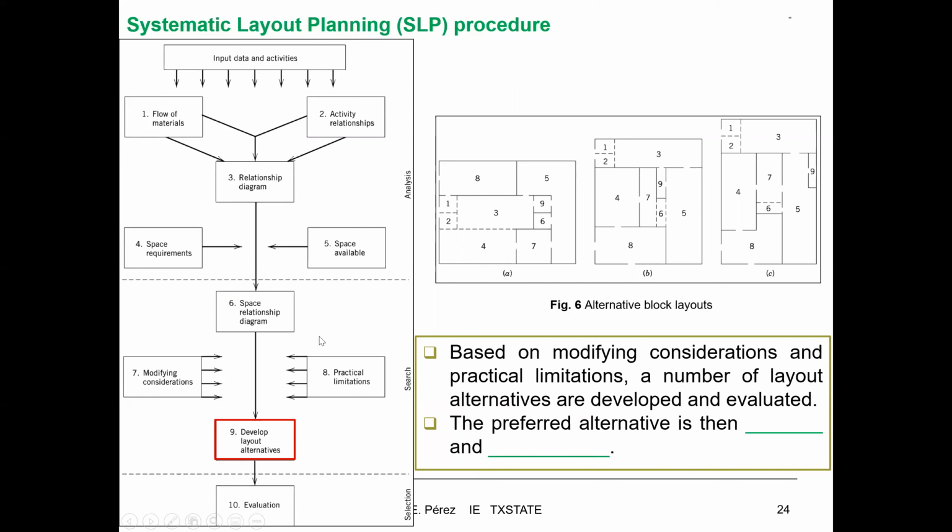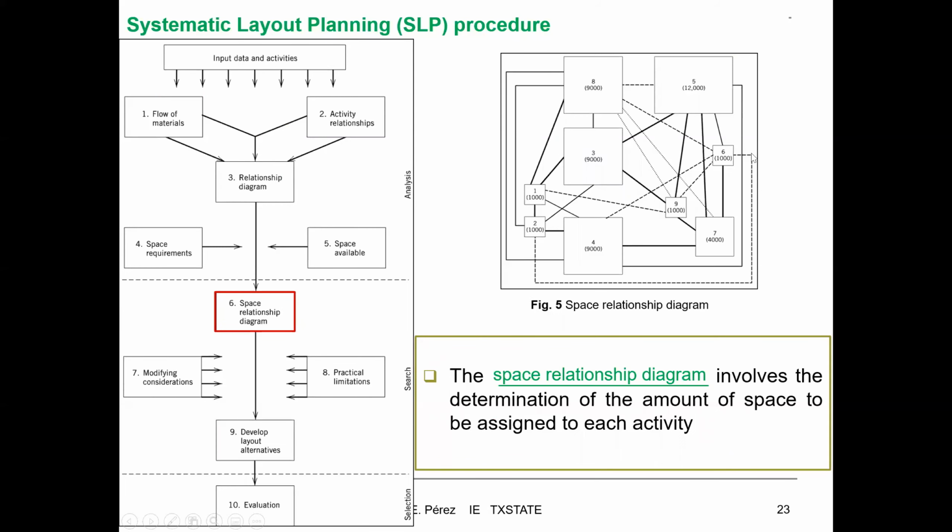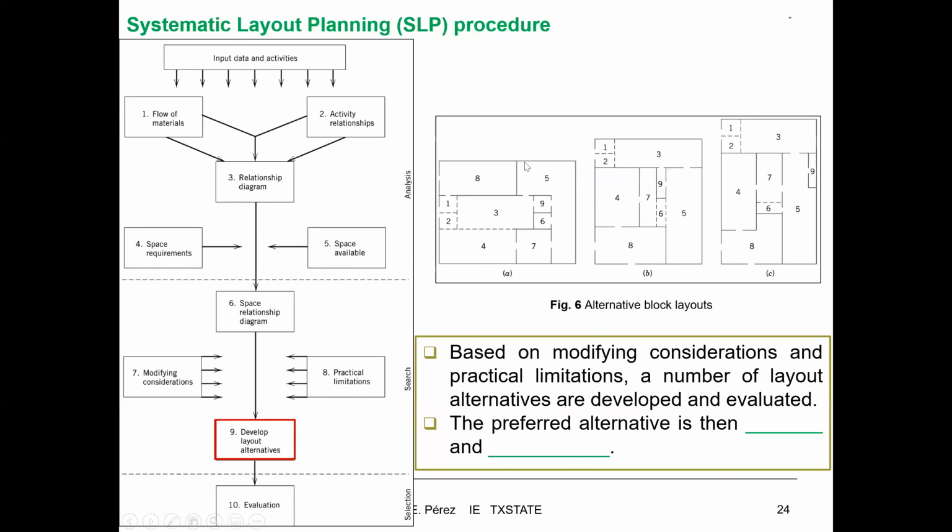So you see here, using this information, we can start finding ways to place those departments around. And then we're going to use an evaluation of flow between and distance to see which one is going to give us the best performance. The preferred alternative is then identified and recommended.